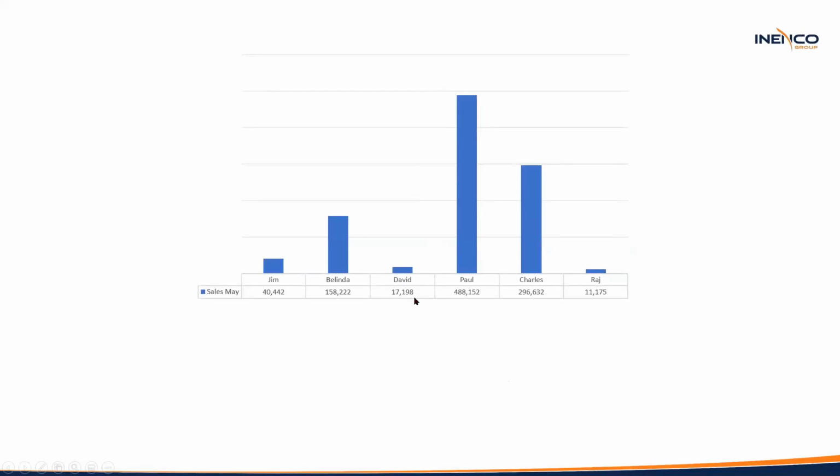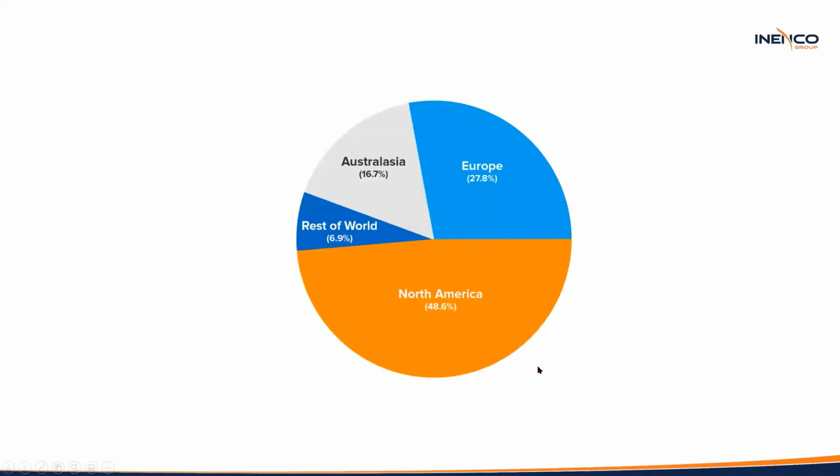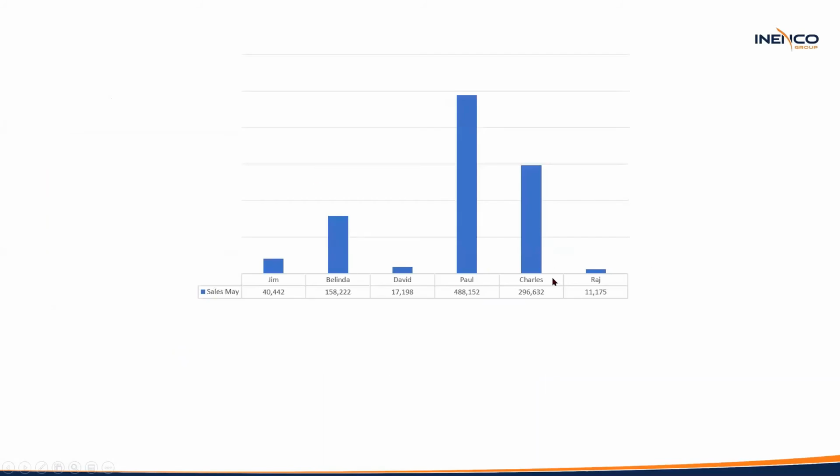And if you are presenting and telling a story, for example, this is the chart, and since Raj has very few numbers, I want to make a point, hey, I want to explain this. So I'll do the explanation later.